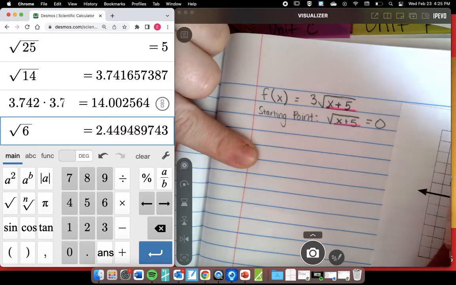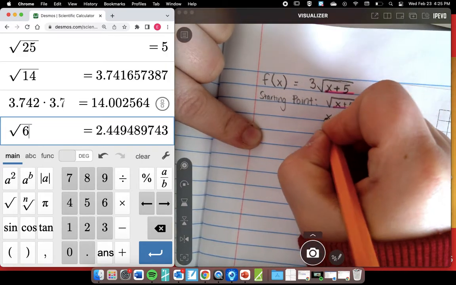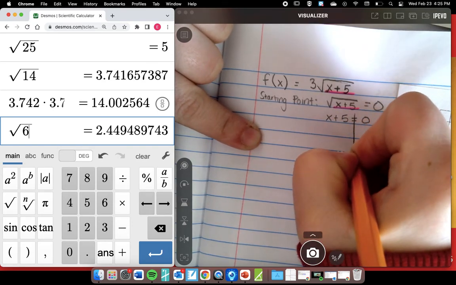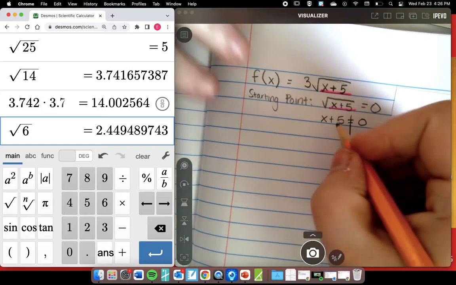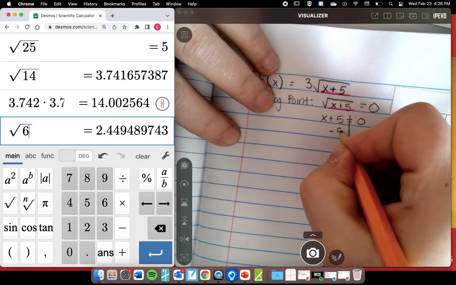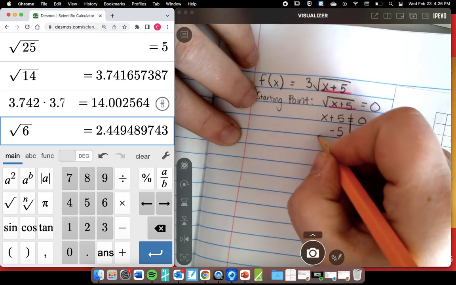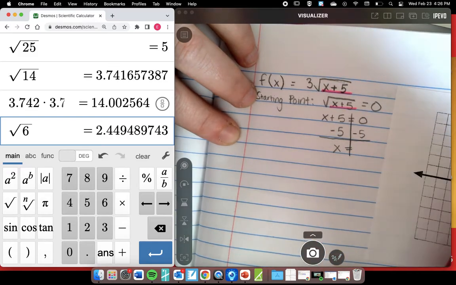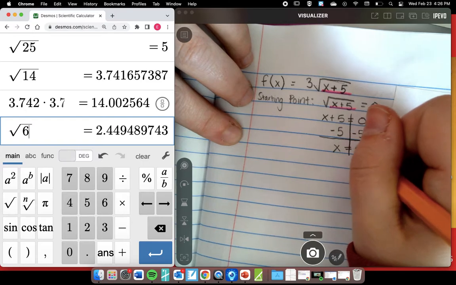Some of you might need to write it out, and that's okay. So we're going to have x plus 5 equals 0. And we're going to solve that equation. To undo an adding 5, we're going to subtract 5. And if we do that on one side, we're going to do it on the other. And 0 minus 5 is going to be negative 5.